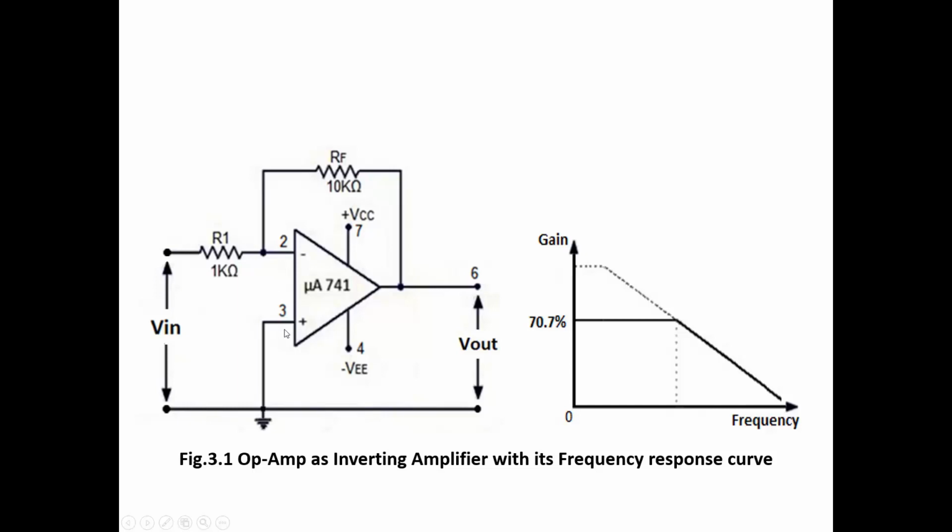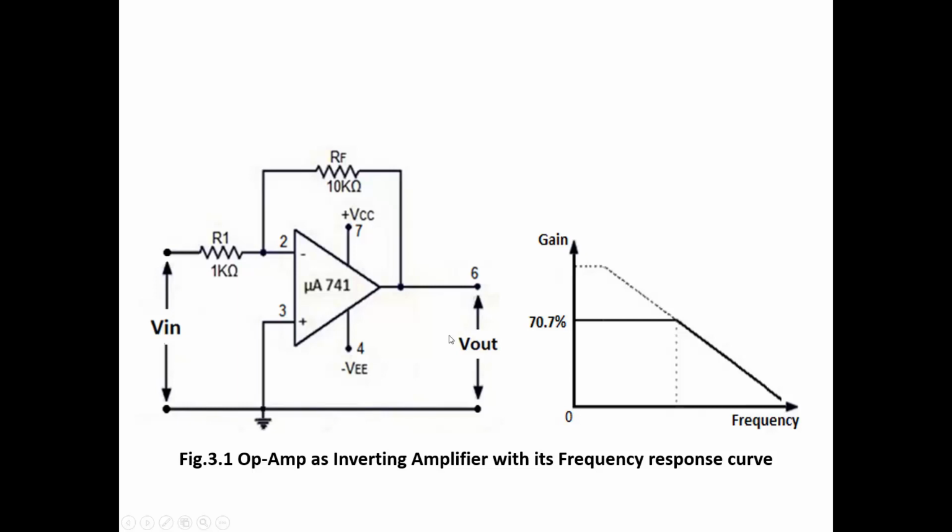Pin number 3, which is the non-inverting terminal of this IC, is connected to ground. The DC supply pins 7 and 4 are connected to a DC power supply, and the output signal of this amplifier is observed from pin number 6.